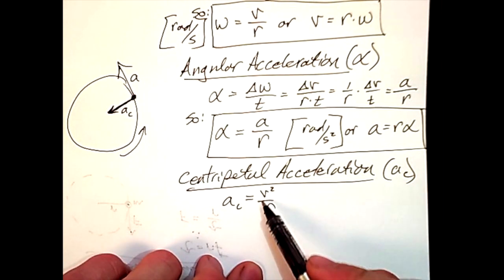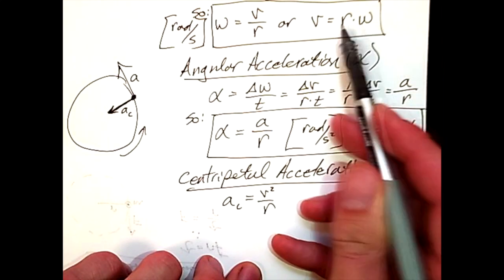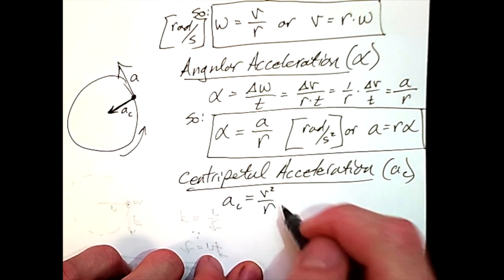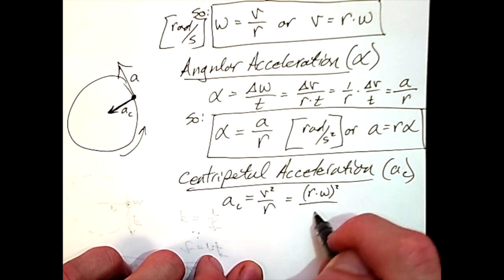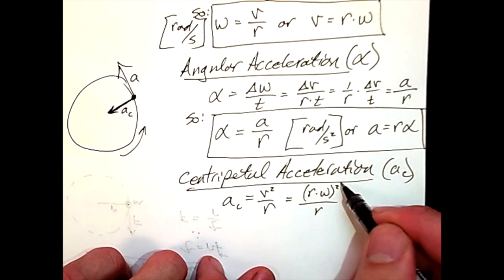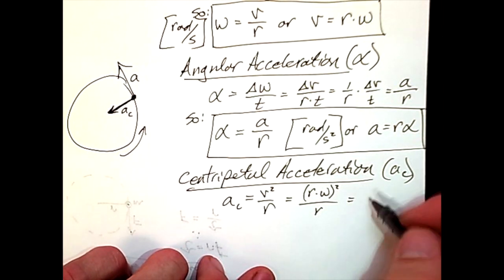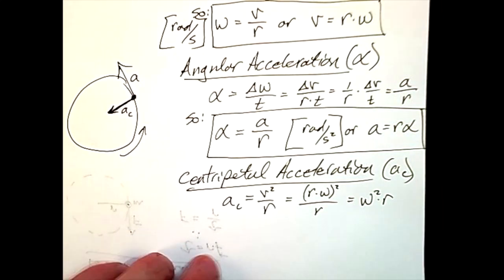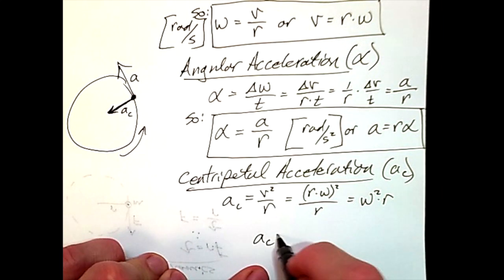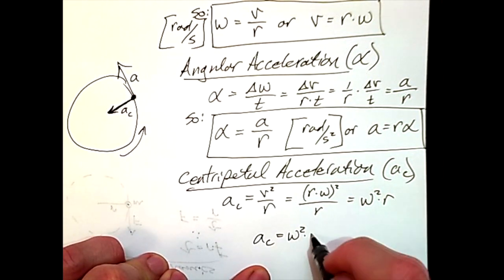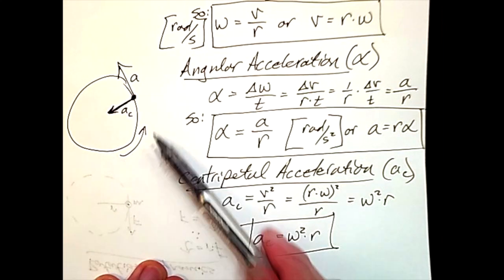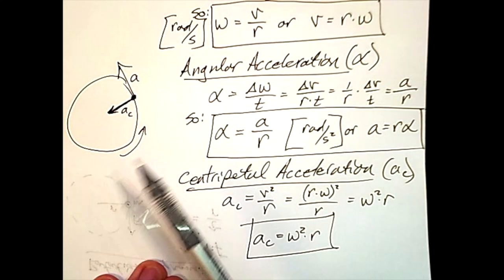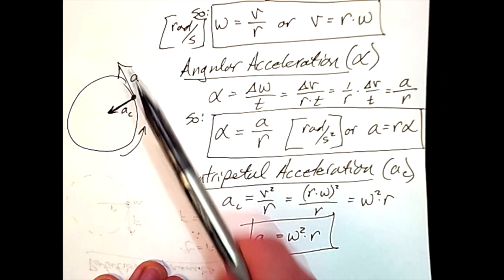Putting v in terms of omega as r times omega, then we see that the centripetal acceleration is equal to r times omega, then squared divided by the radius. So of course, r squared omega squared over r reduces to omega squared times the radius. So the centripetal acceleration is equal to omega squared times your radius. Each one of these will be valuable information when we talk about causing an object to speed up or slow down. In other words, beginning to turn or stopping turning over time.